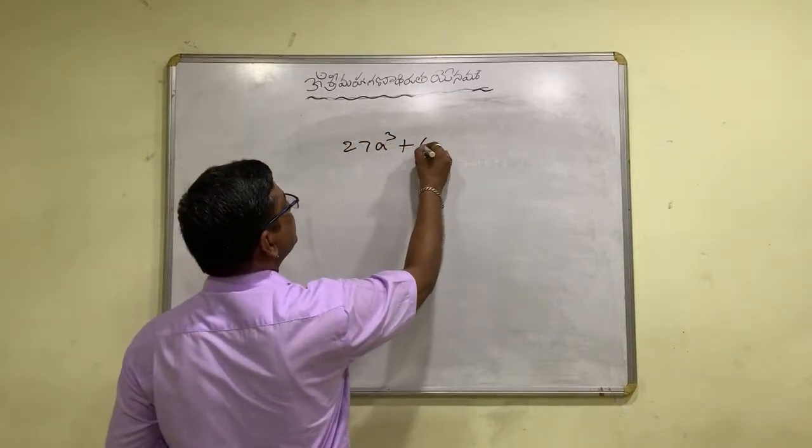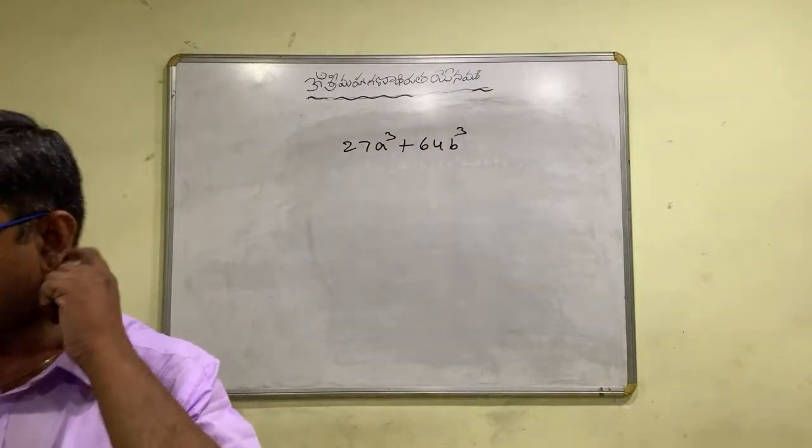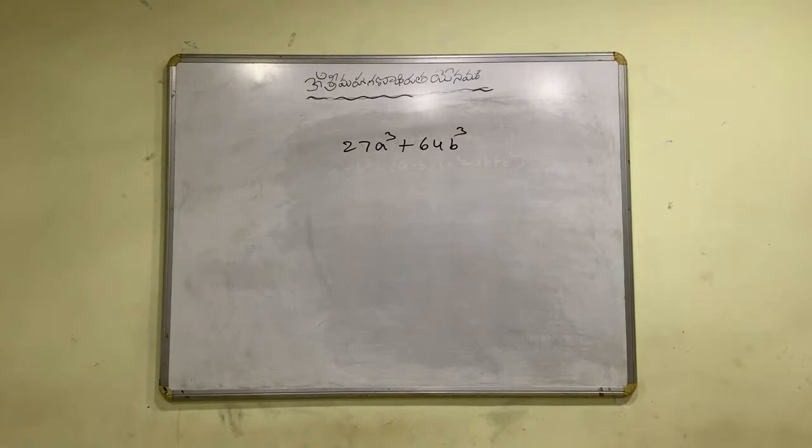27a cube plus 64b cube. The question is factorize 27a cube plus 64b cube. How to do this?